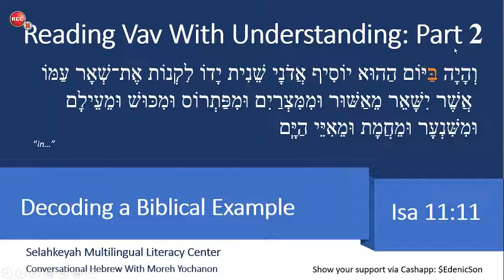In yom. Now, what you see here, this dagesh in the bet makes this a B, and this dagesh in the yud does not change the sound of yud, but what it does is let you know that this yud sound is going to be applied to the bet, and it's going to be applied to the rest of the word.